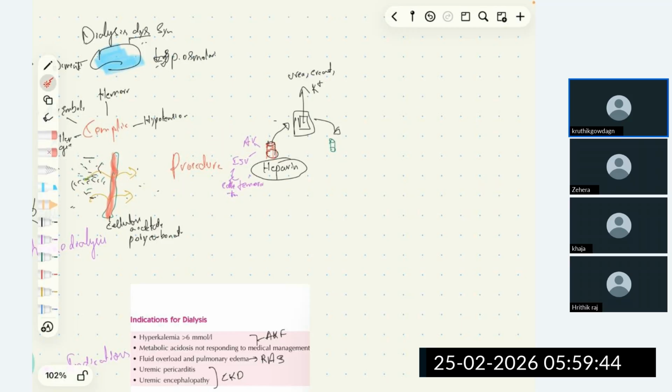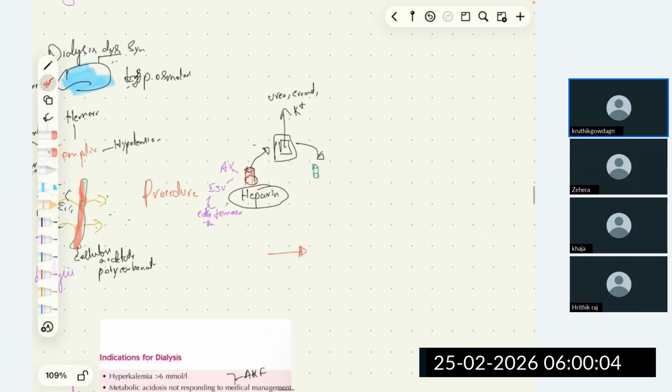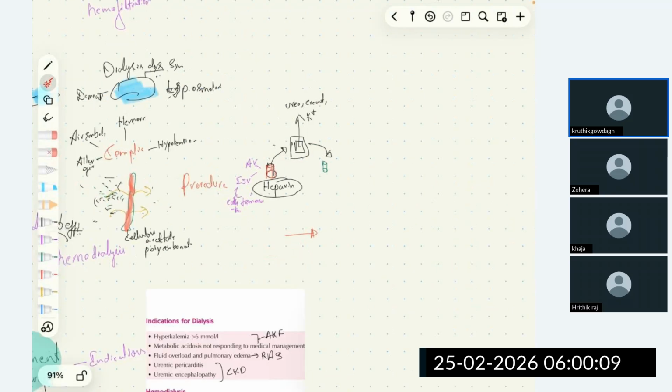Now blood is drawn outside the body. Whenever blood is drawn outside the body, it's prone to thrombosis. It can coagulate. So we infuse an anticoagulant, that is heparin, into the blood. Now this heparinized blood is made to pass through the dialyzing machine, where the semi-permeable membrane is present.